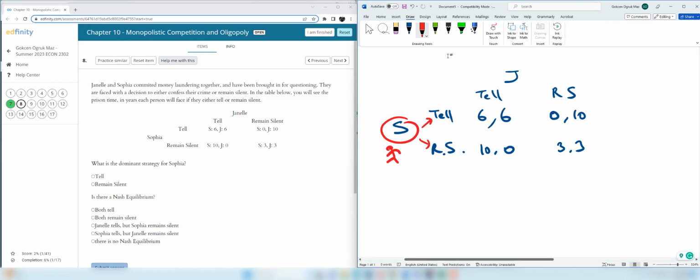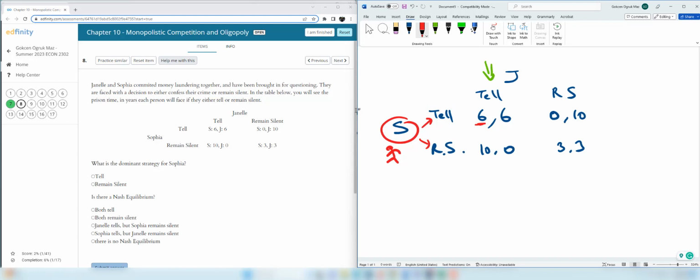So you say, okay, if Janelle chooses tell, I can either tell or remain silent, but I need to find out which one brings a better payoff. So we will compare 6 and 10 years of prison. Should I tell the police if I know for sure Janelle tells, or remain silent? Given that, the best option is to tell, because 6 is less than 10. So 6 is better than 10, so you choose 6.